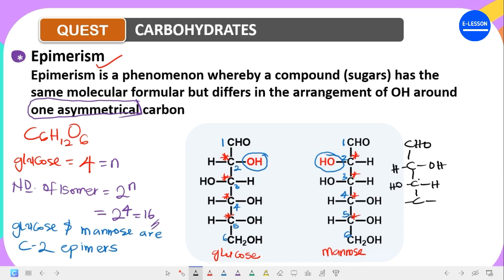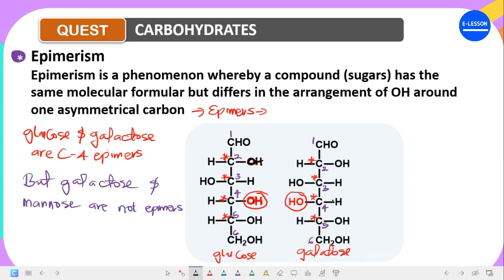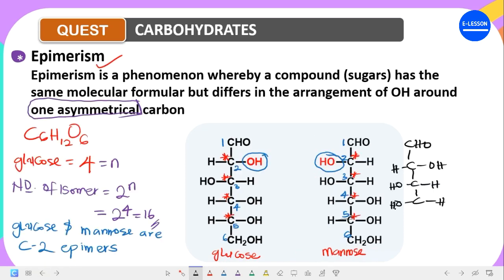This is 1, 2, 3. Here is OH here. Yeah, it's correct. OH here, and then here is H. Let me try and get the structure before I make a mistake. This is galactose at carbon number 4. Okay, it's correct. Then we have the second to last, C, OH, H, and then CH2OH.